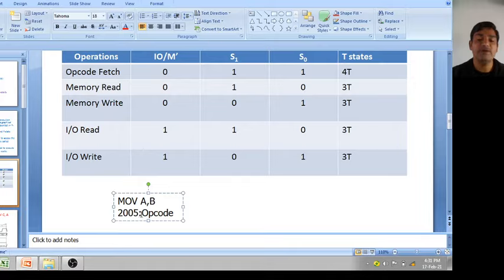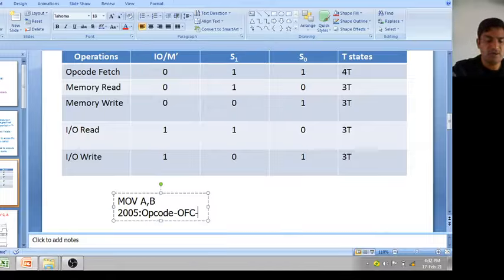First fill this byte in 2005, what will come? Opcode. So for this, what will be the machine cycle? Opcode fetching, OFC, as a shortcut I am writing OFC, and the time required is 4T. You know, in case of opcode fetching, 4T time is required.